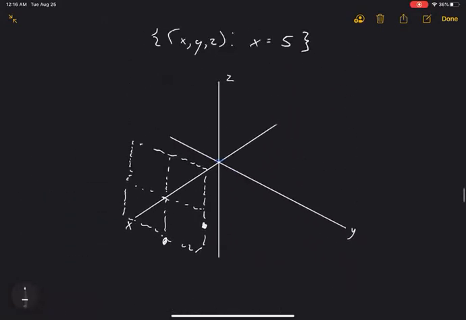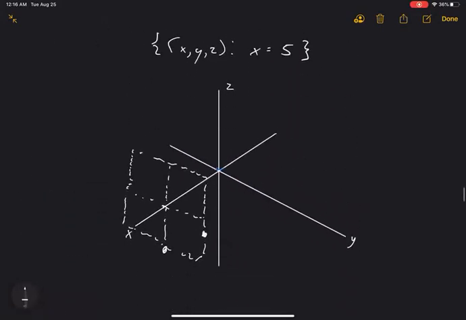Let's do another example. If I had been given the equation y equals -1, what would that look like? Let's find -1 on the y-axis. That'd be here. So what are all the points whose y-coordinate is -1?